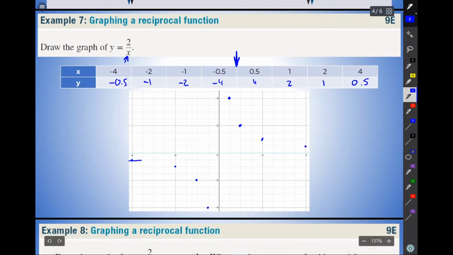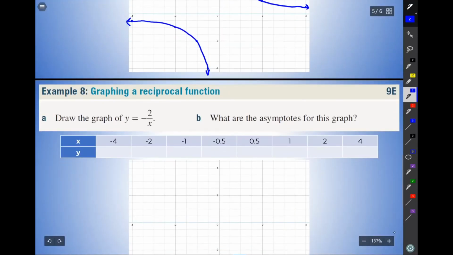And then join everything up. Again, the graph extends infinitely in both directions, so we do usually put arrows on the end of it. And there you go. We've drawn the graph of y equals 2 over x.